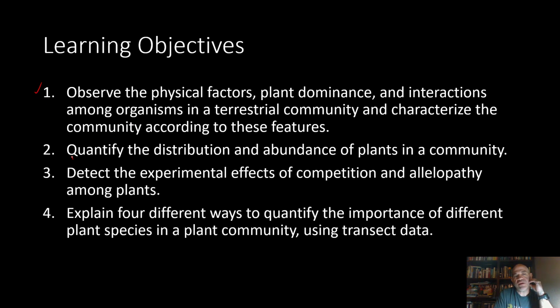And then to quantify, which means we're going to put numbers to the distribution and abundance of plants in a plant community. And then to detect the effects of competition and allelopathy. And this third one lends itself to experimentation. And then explain 4 different ways to quantify the importance of different plant species in a plant community using transect data.